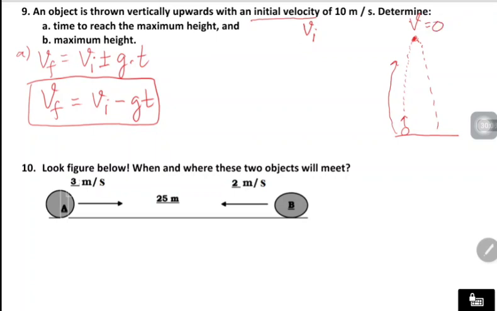So the final velocity at the peak point is 0. So we input 0 equals initial velocity 10 minus 10 times t. Then we get 10 times t equals 10, so t is 1 second.